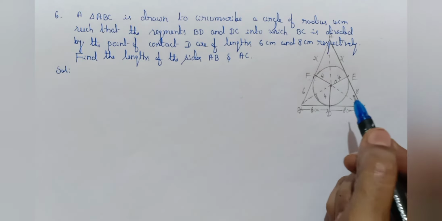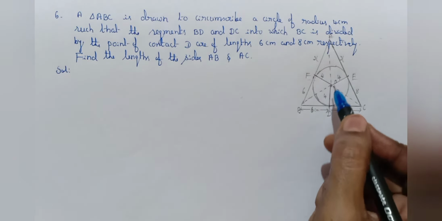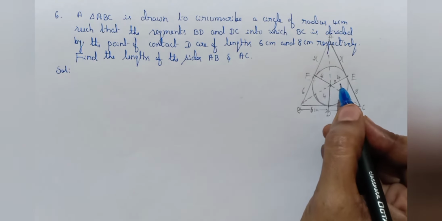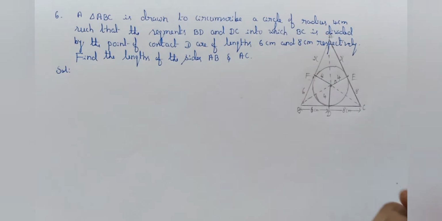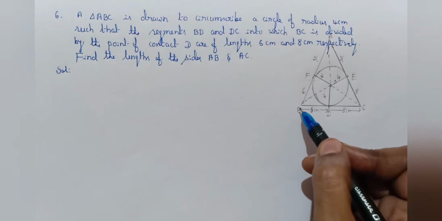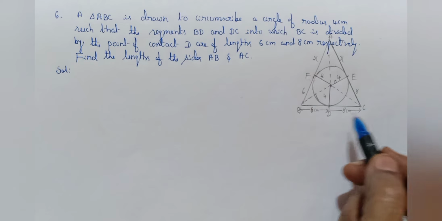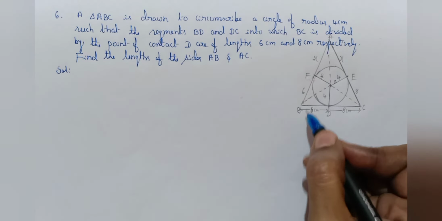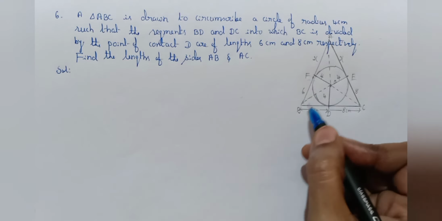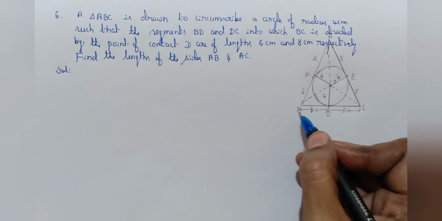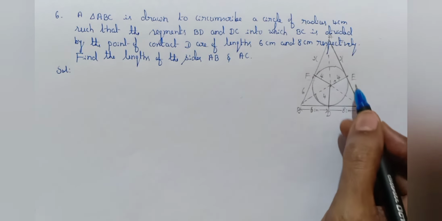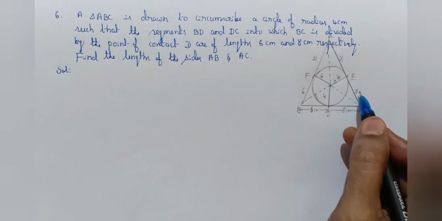Here a circle is inscribed in a triangle ABC and the radius of the inscribed circle is given 4 centimeter. You know the tangents drawn from an external point to a circle are equal. Therefore, BD is equal to BF because BD and BF are the tangents drawn from the external point B. So, BD is equal to BF is equal to 6 and CD is equal to CE is equal to 8 centimeter.